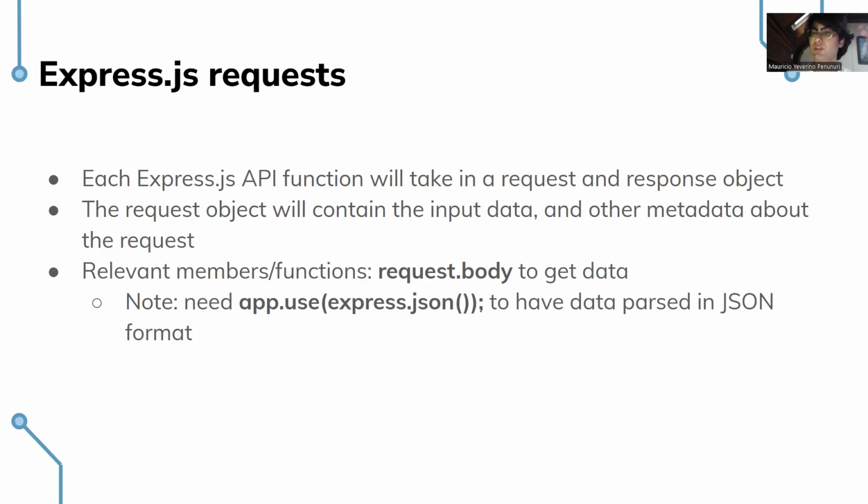Now, the request object will usually contain some input data and other metadata about the request, and other relevant members such as the request body, to send your data.